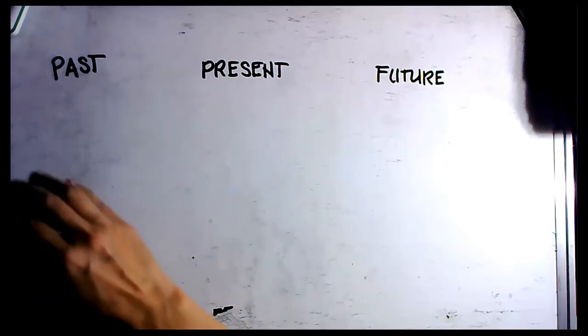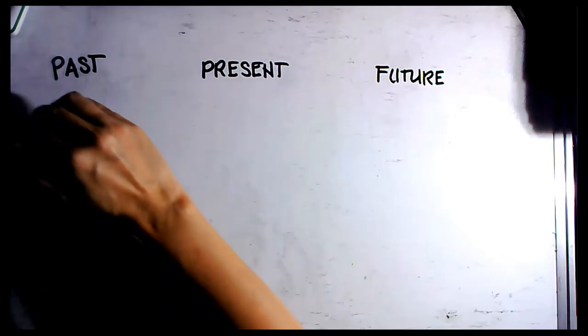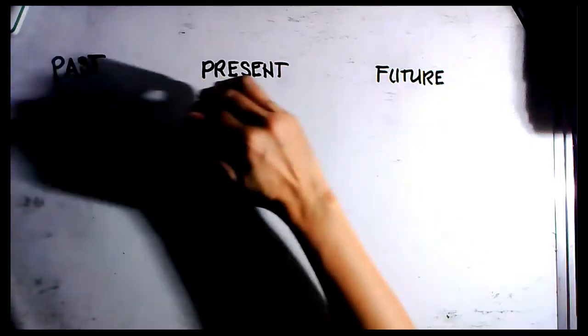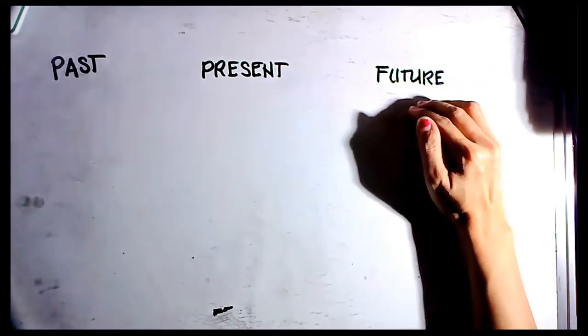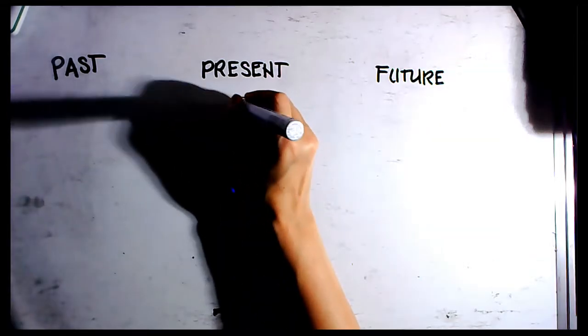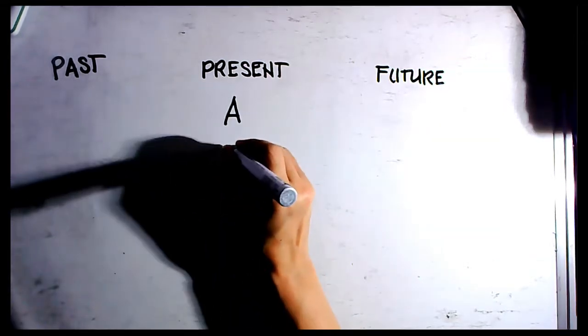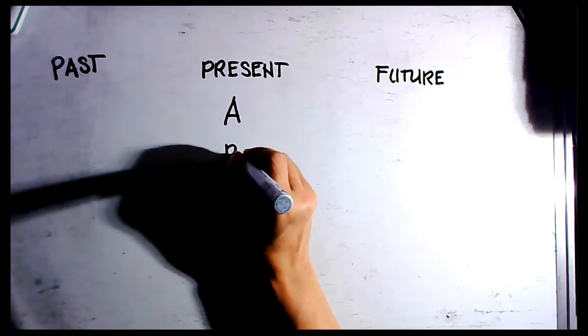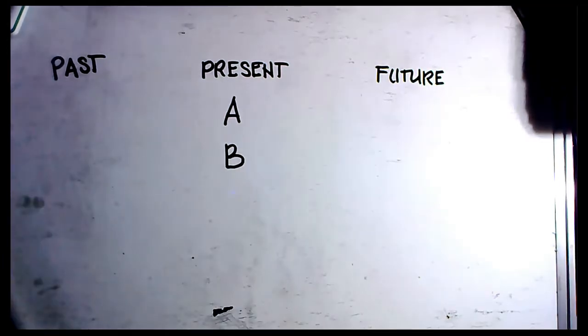As I have mentioned, we have to identify equations for the past ages, the present ages, and the future ages. If we represent the age of person A currently as A and B, that would be the present ages of A and B.